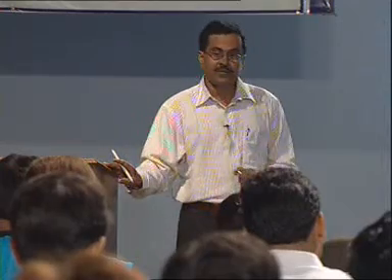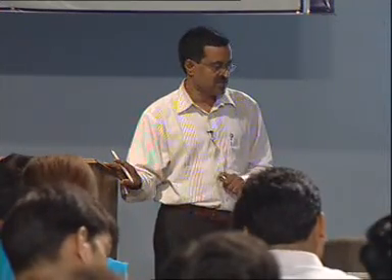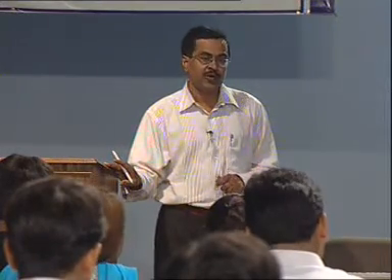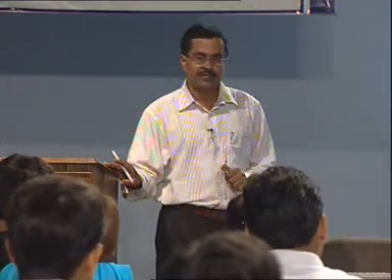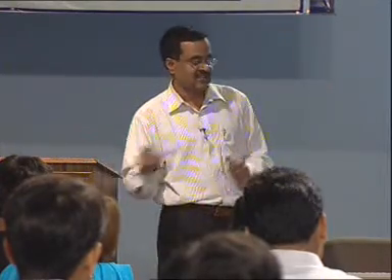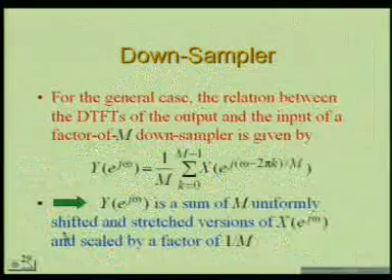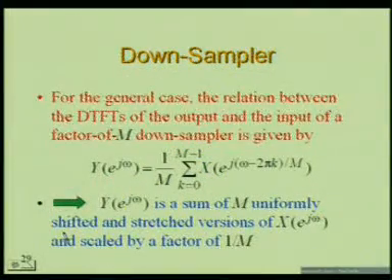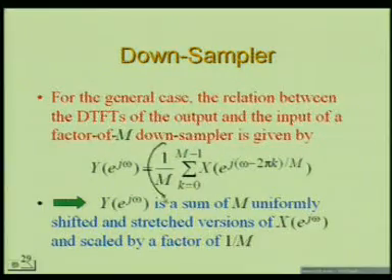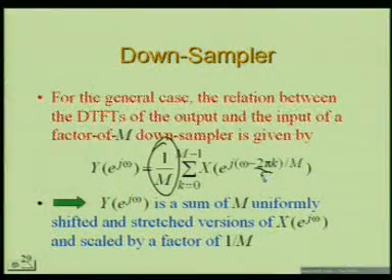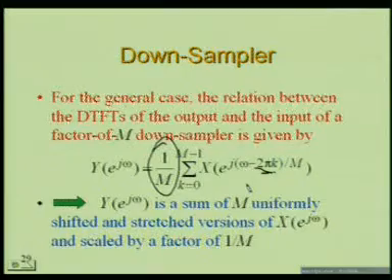So, here the frequency response of the output sequence, meaning the output from the downsampler, can be obtained by evaluating the sum of M uniformly shifted and stretched versions of X(e^jω), scaled by a factor of 1 divided by M. This factor 1/M is responsible for scaling, and this term 2πk is responsible for the shifting.